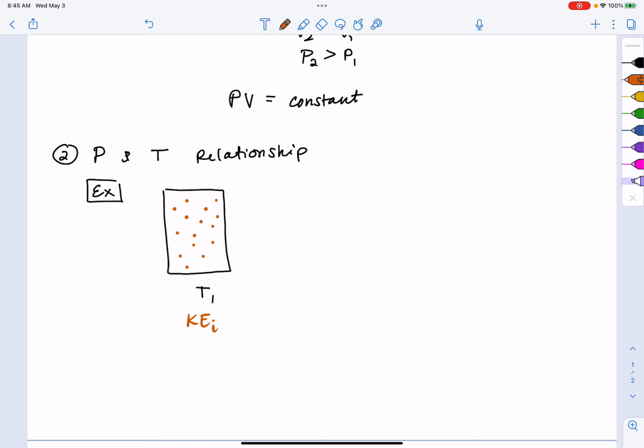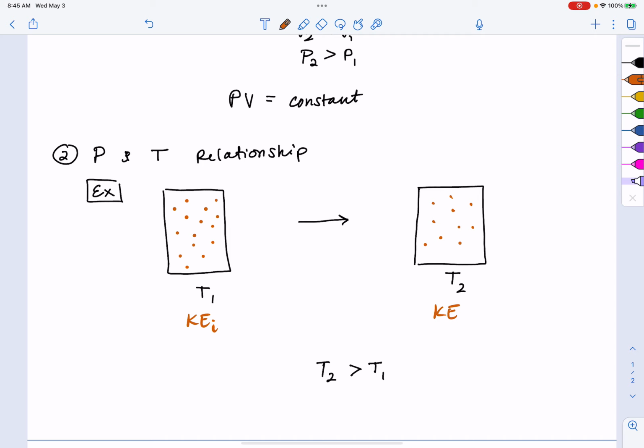So initial kinetic energy, KE sub I. And if I keep this volume constant, but I increase the temperature such that the temperature of my new system is larger than the temperature of my gas how it was originally, then the kinetic energy of all of these gas particles is going to be higher because all of that thermal energy is going to be transformed into kinetic energy.